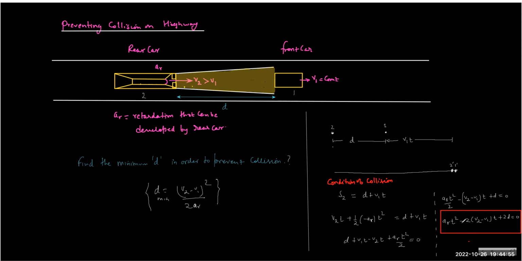So when we solve a quadratic, we should get the real answer. To prevent the collision, we have to get no real answer. So tell me guys, when will a given quadratic give you no real answer? When the roots are imaginary. Correct.